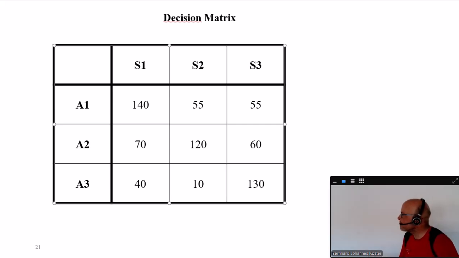If you look at these numbers just by eye, there is no right or wrong right now, but just looking at these numbers, would you choose A1, A2, or A3 for some reasons?